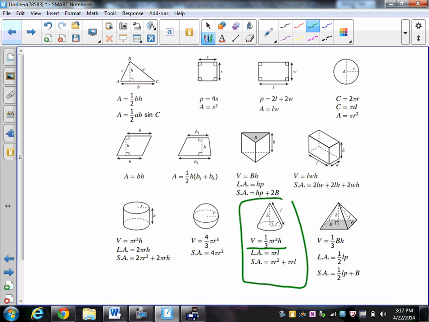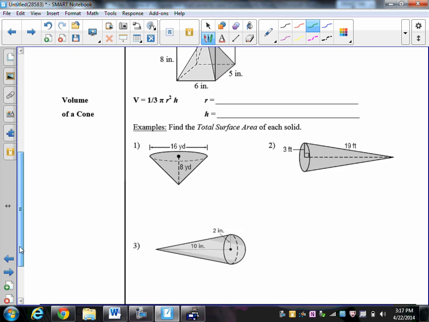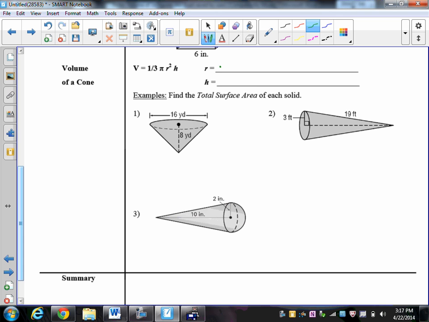It's 1/3 pi r squared h, where r, of course, is the radius and h is the height. So this paper says to find the surface area of each solid. Let's change that to mean volume, because we already talked about how to find the surface area in the last video.